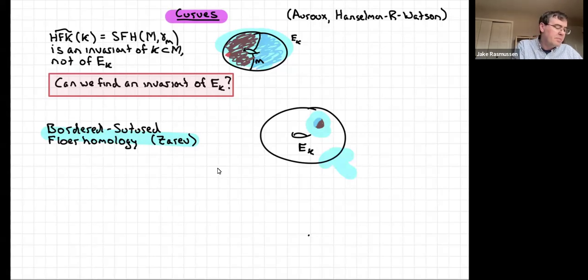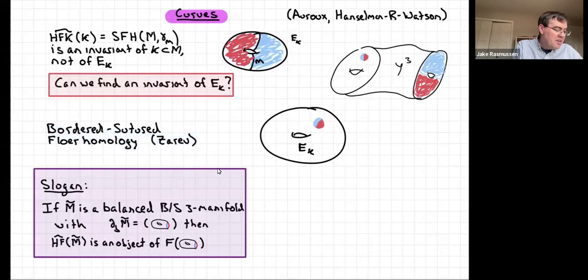The slogan here is that M twiddle is a balanced bordered sutured three-manifold, a little bit of a mouthful, whose bordered boundary, the white part here, is the punctured torus. I have to think about the coloring on the boundary of the white part. Here, in the boundary of the white part, I've got one blue arc and one red arc.